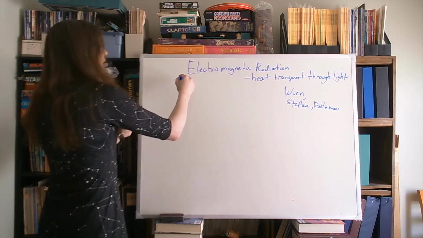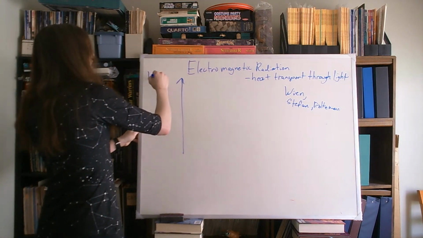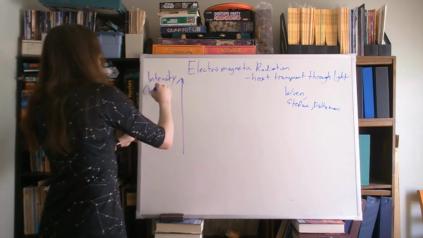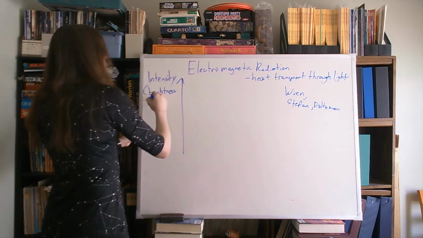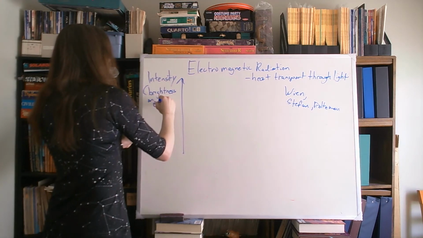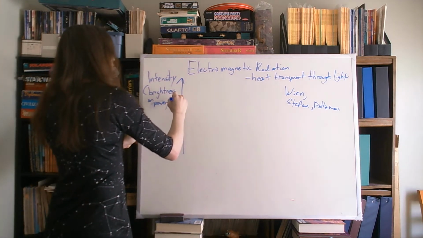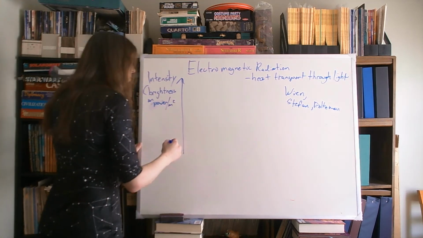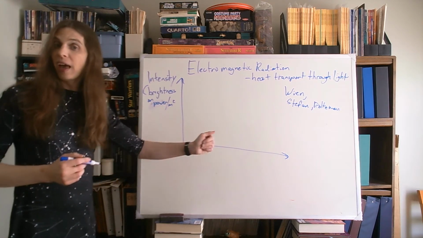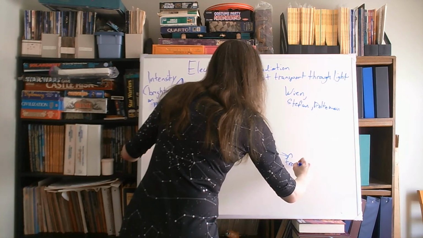So if we make a graph, and call this intensity, think of this as brightness, or power per square meter. And on the x-axis, we'll call this frequency.